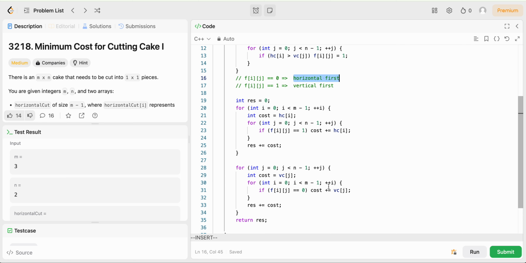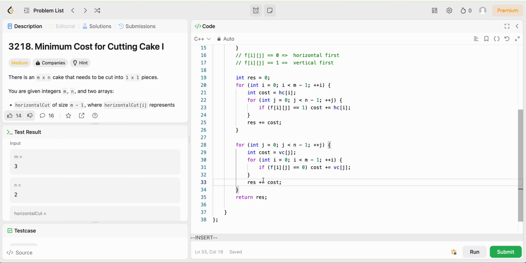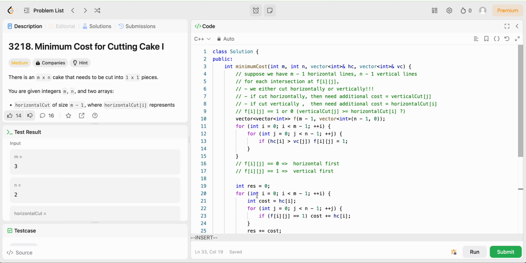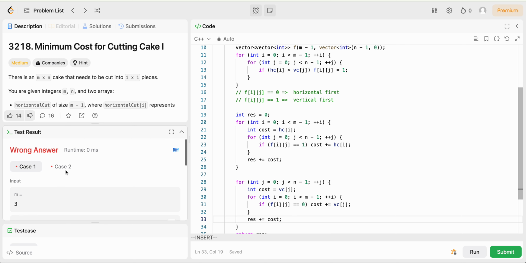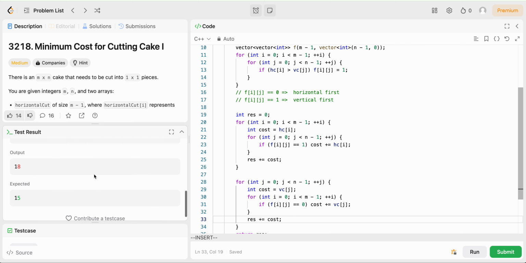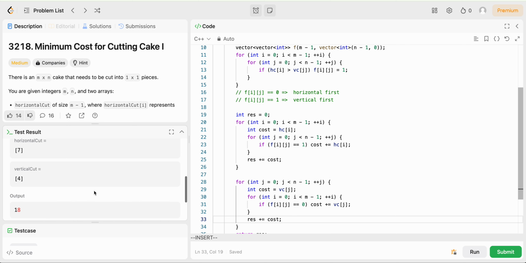Then we add another vertical cost j at this position. Then RES will plus equal to cost. Then we return RES. This seems correct. Let's see what's happening. We have 19 here. And how about this one? We have 18 here. So it sounds like some additional cost is added.